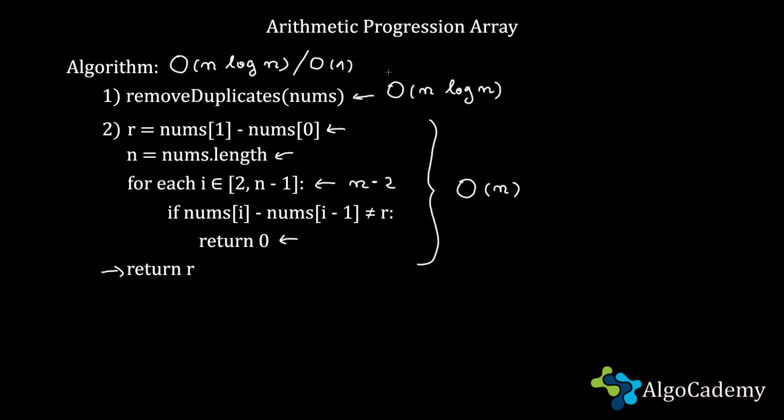Now, of course, I have a follow-up problem for you. Can you solve this problem in linear time, so big O of n, knowing one thing? You know that in the initial array nums that we receive in the input, each and every element nums of i is going to be less than or equal to 1000, right?